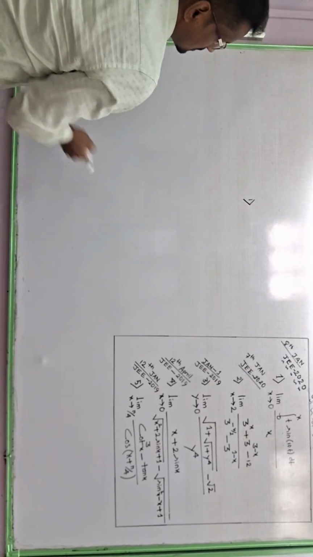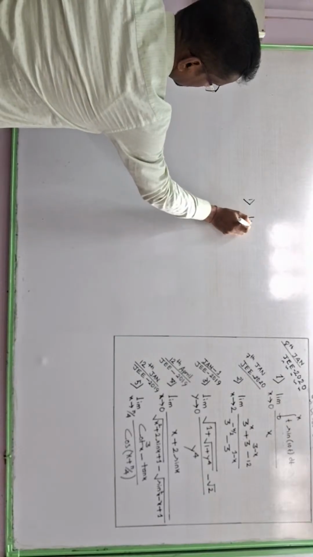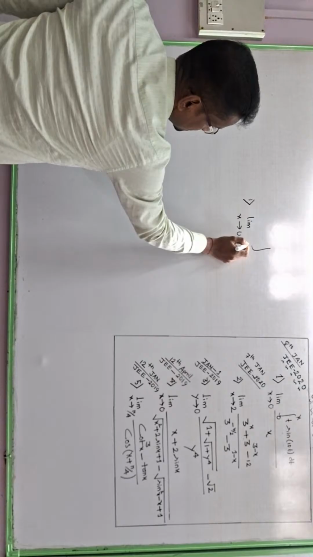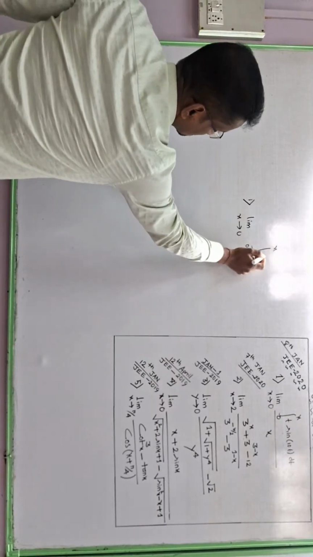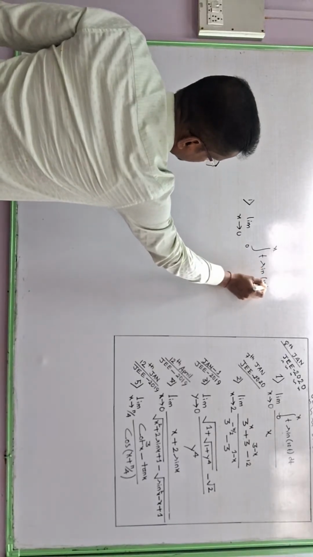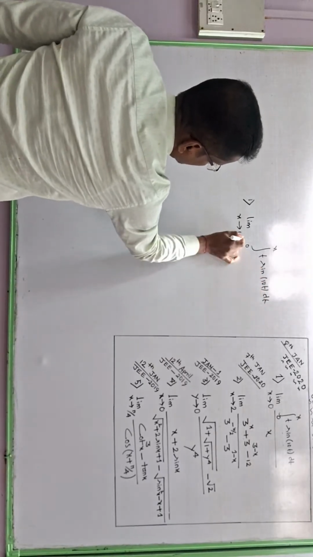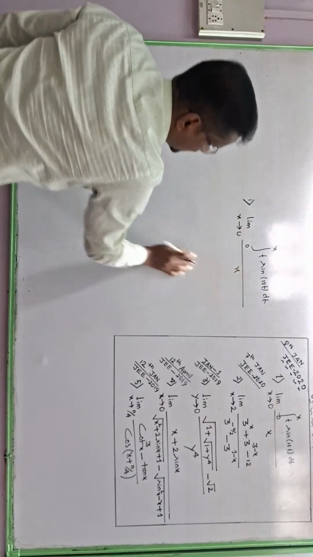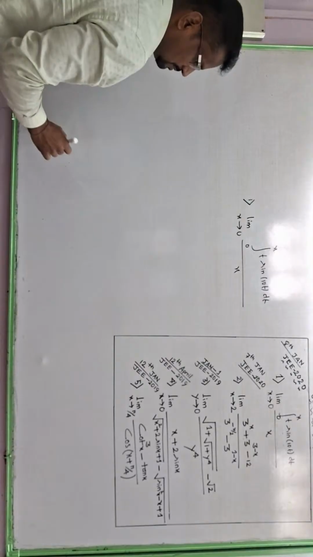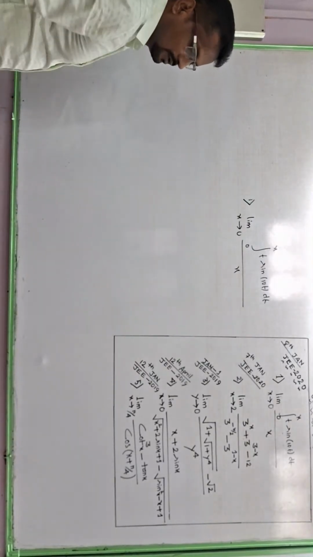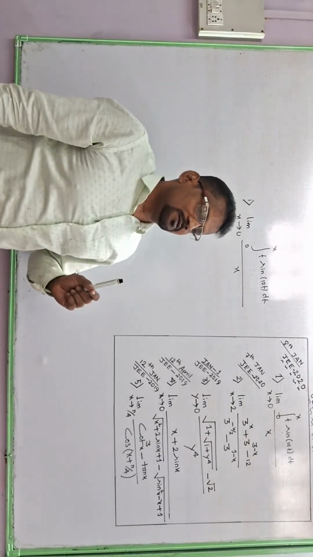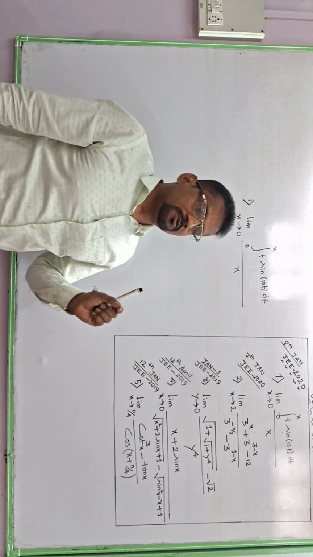Given limit is limit x tends to 0, numerator is integration 0 to x of t sin of tan t dt whole thing divided by x. Definitely you will use L'Hôpital's rule. But before that you see, there is another rule that is called Newton-Leibniz rule.